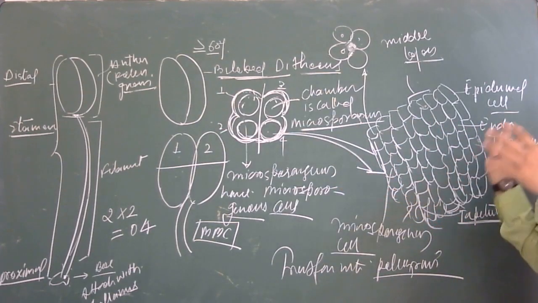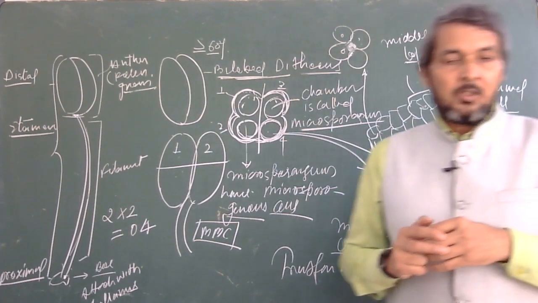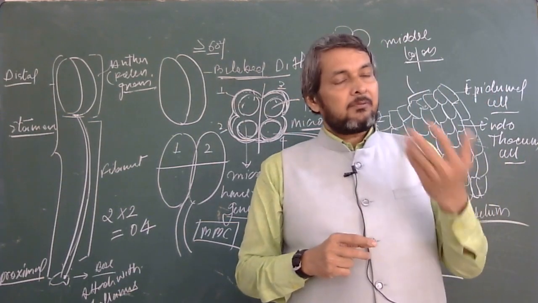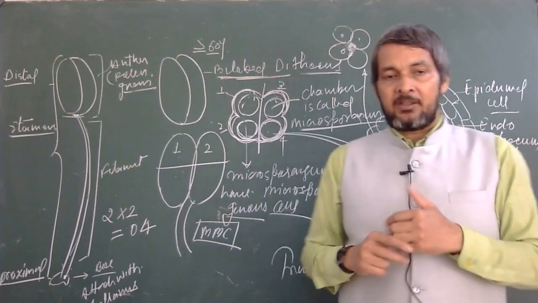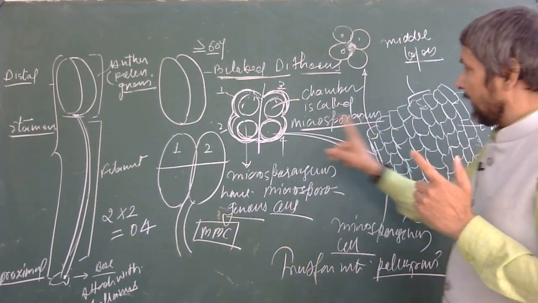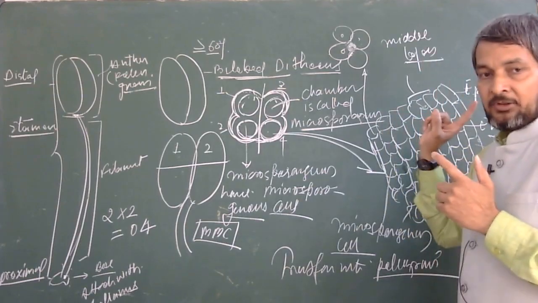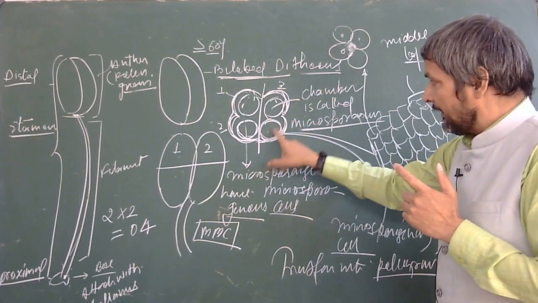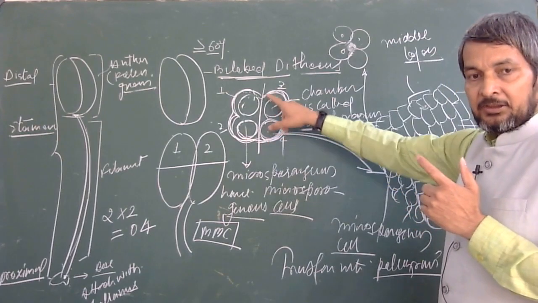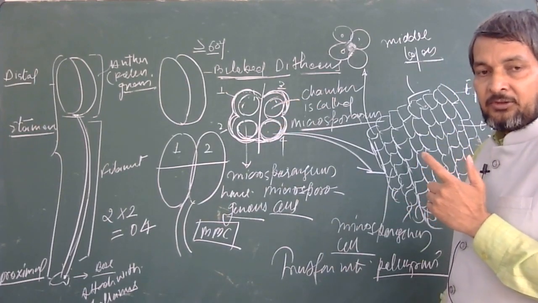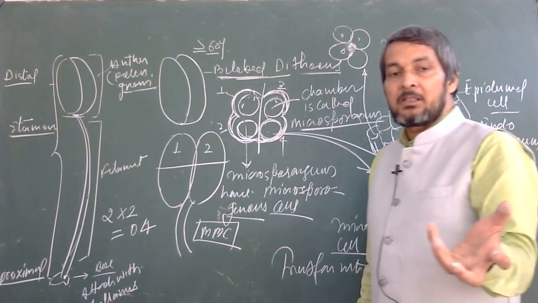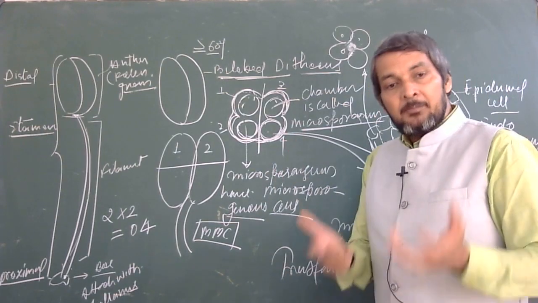These are the important points you must remember when you are attempting your answer in the board examination, and even if the question is asked in your NEET examination. So remember the order of the tissues in the structural formation of the microsporangium. This is each chamber inside the theca. The thecal chamber is known as the microsporangium, and when mature and filled with pollen grains it is known as a pollen sac.